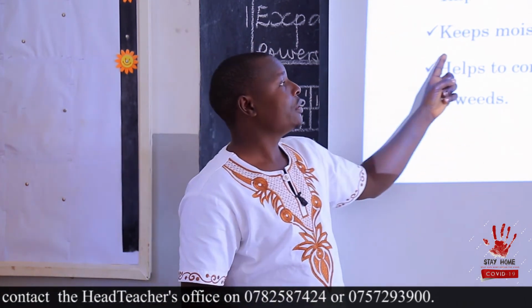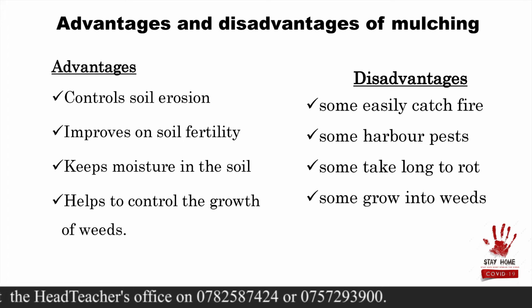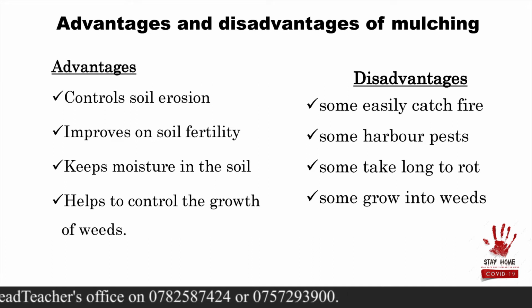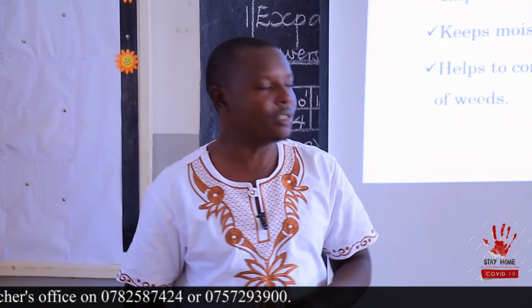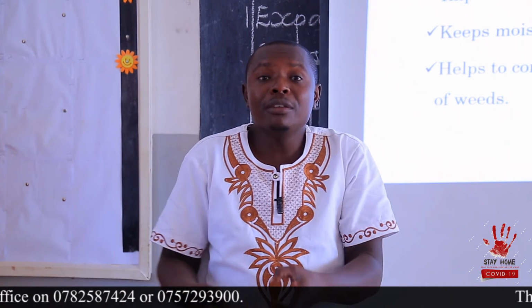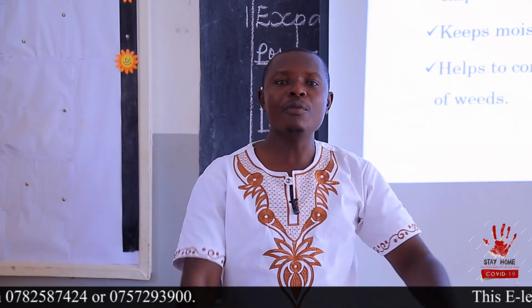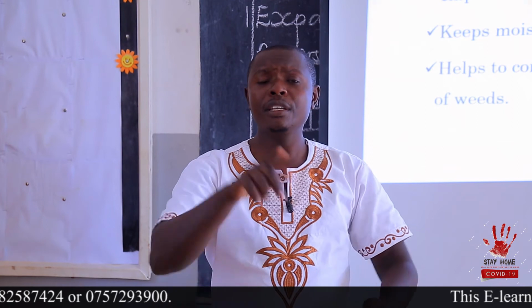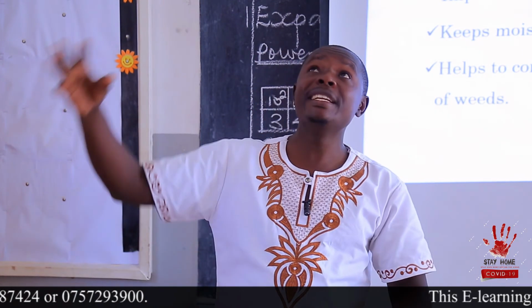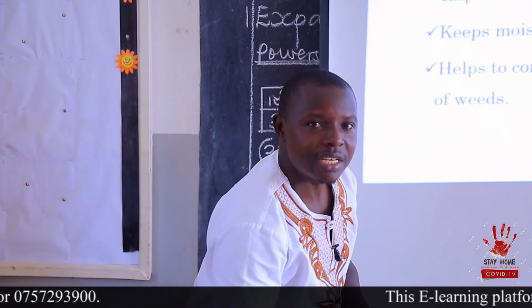Then the second one, it keeps moisture in the soil. How do mulches keep moisture in the soil? Now, during the dry season, when it is very dry, farmers get the mulches, the dry plant materials, and they cover their gardens very well. When the sunshine shines, it cannot reach the soil.